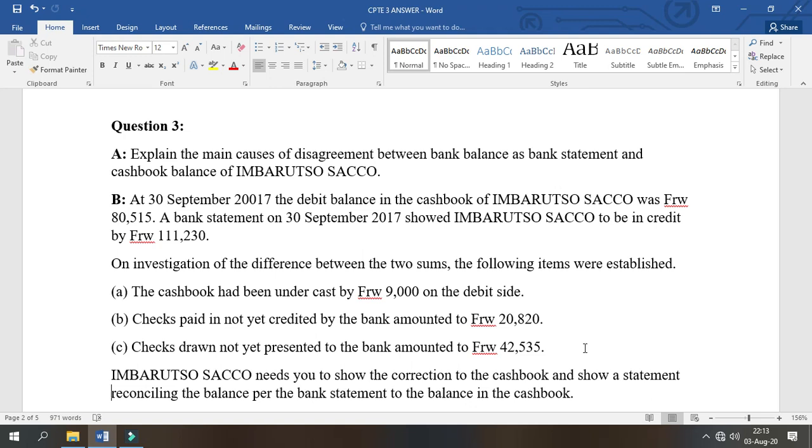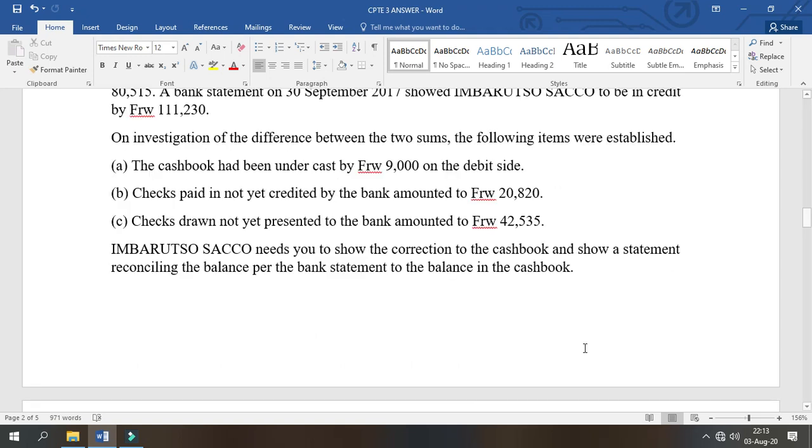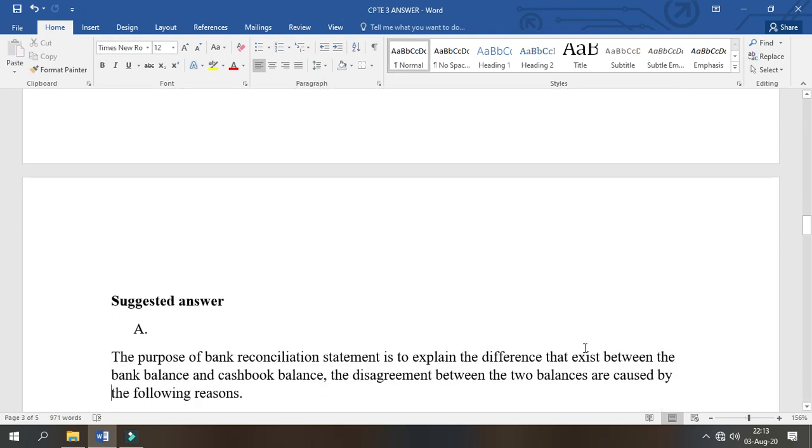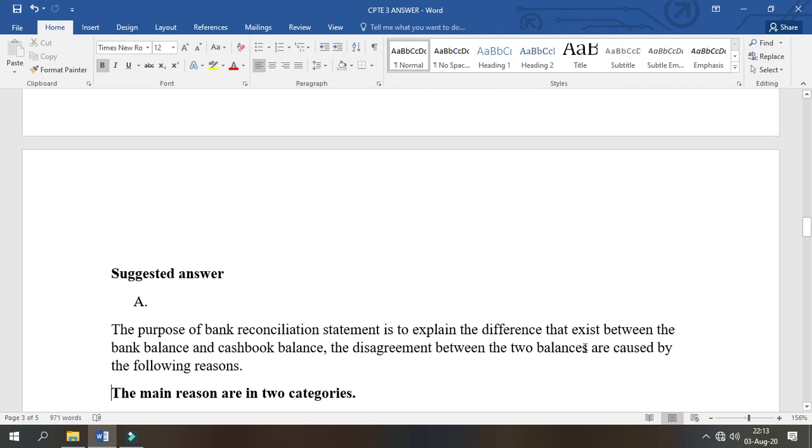Dear friends, dear followers of this PATERA TV, we are going to give a suggested answer to this question by starting with sub-question A. Remember, the purpose of a bank reconciliation statement is to explain the difference that exists between the bank balance and cash book balance.